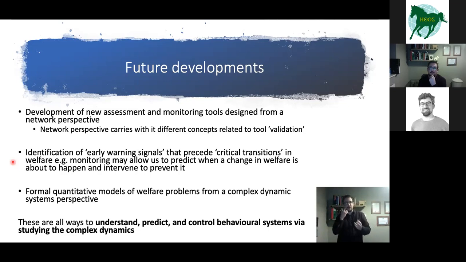One of the things they're starting to explore in the human literature is this idea of early warning signals that precede critical transitions. So if someone is in a fairly healthy psychological state, and then they make a sudden transition into maybe a psychologically unhealthy state, i.e. via the sudden appearance of lots of symptoms of mental disorder.